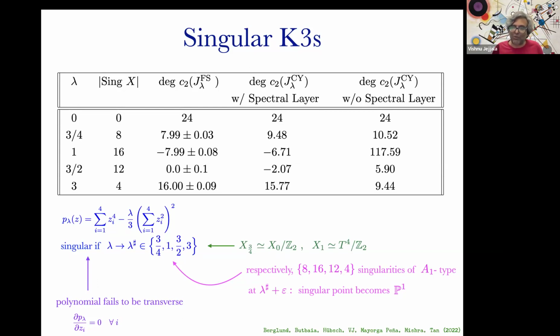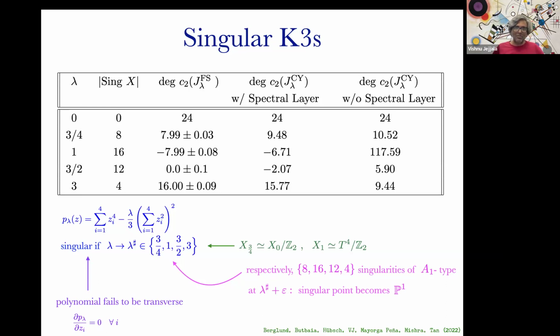For example, lambda equals 1 corresponds to the manifold which locally looks like the torus mod Z2. The 3/4 value is the Fermat quartic mod Z2. Respectively, for these particular values of lambda, there are 8, 16, 12, and 4 singularities of A type.